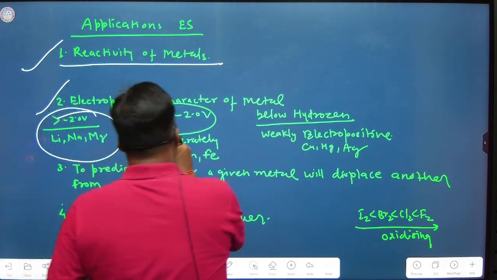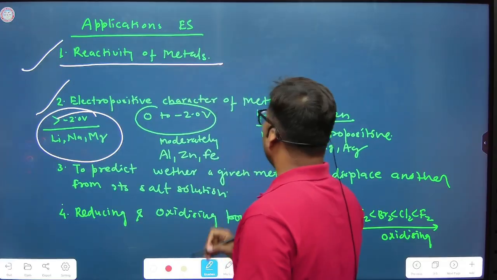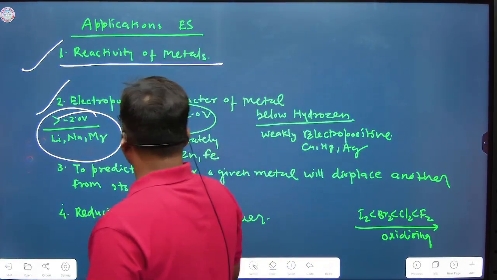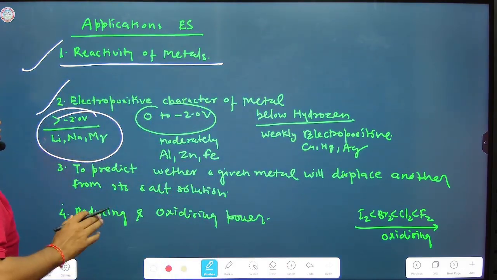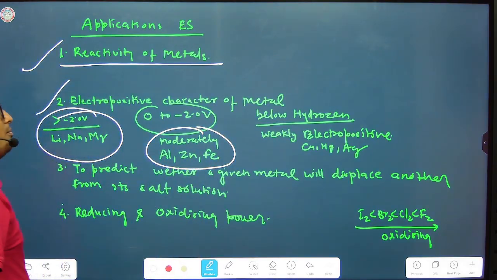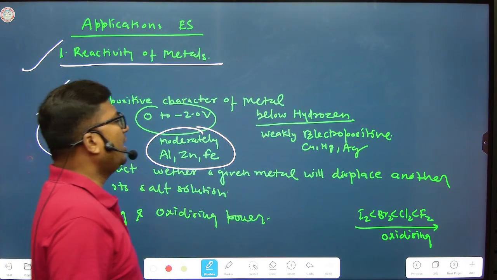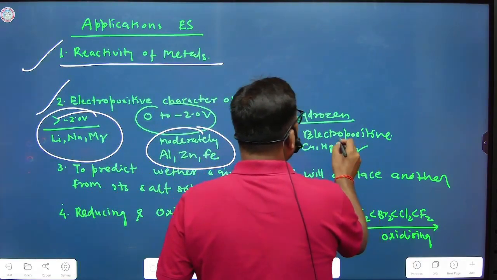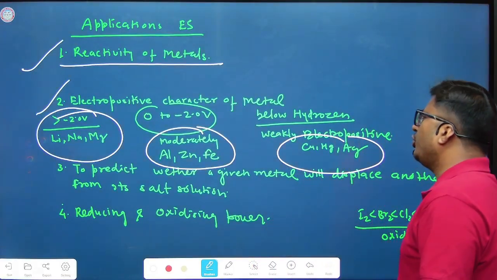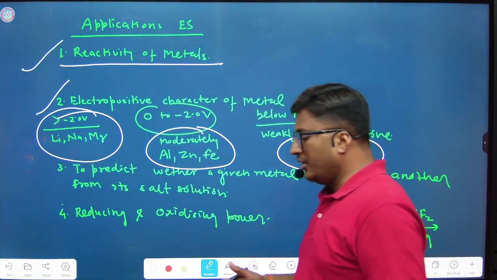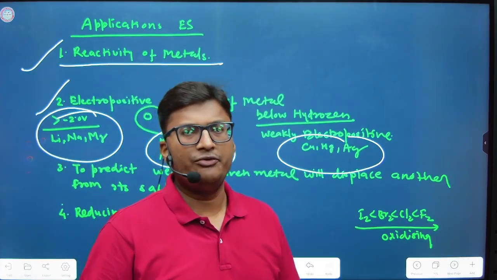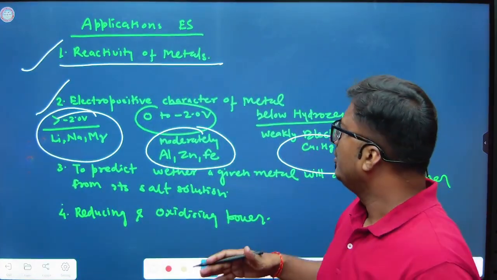And from 0 to -2 volt, approximately, just above hydrogen, all these metals like aluminum, zinc, iron are moderately electropositive, and copper, mercury, silver are weakly electropositive metals.